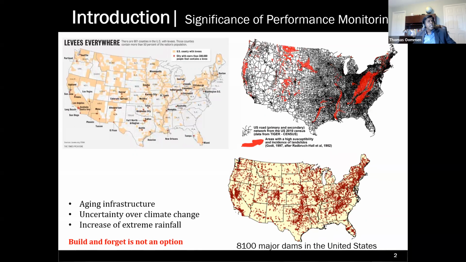Now, in addition to this, when we consider the aging infrastructure that we have and the uncertainty over climate change with increase in extreme rainfall, to build and forget is not an option for us engineers.